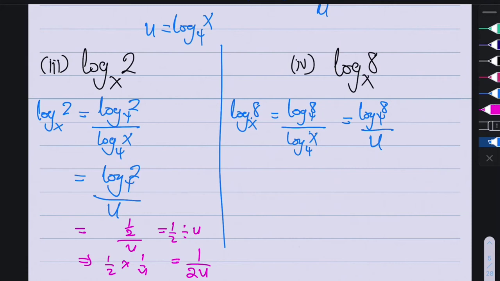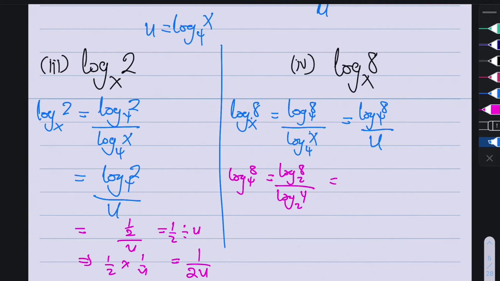Let's explore here. If you have log 8 base 4, you can change everything to base 2, okay? Because both 4 and 8 are powers of 2, and it's easier that way, instead of changing everything to base 4, all right? So that means I'm going to get log 8 base 2 over log 4 base 2.